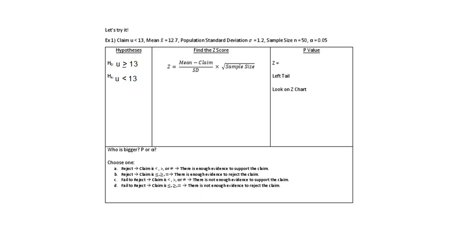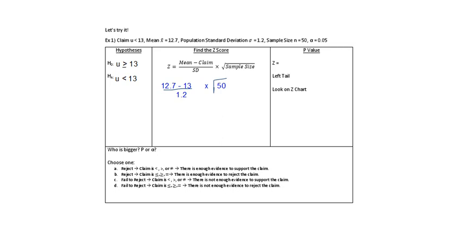What's next is we're now going to find our z-score, using the formula here. The mean is 12.7 minus the claim, which is 13. We're going to divide that by the standard deviation, which is 1.2. And then we're going to multiply by the square root of 50. Let me fill in some important lines.